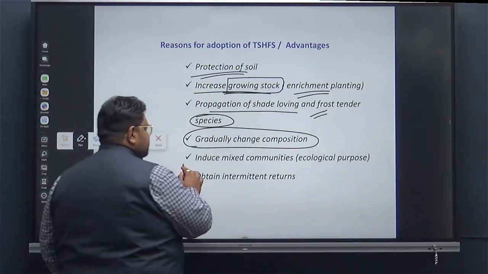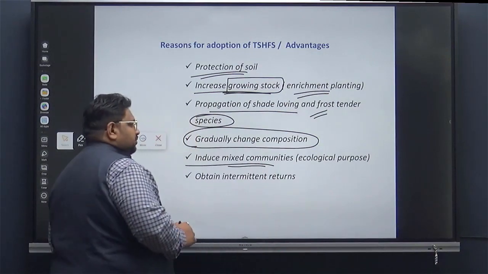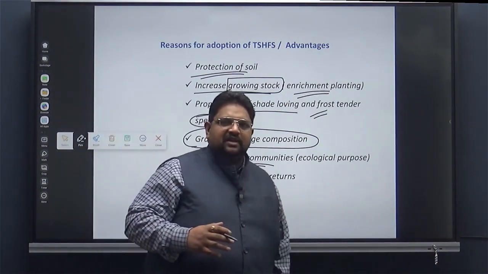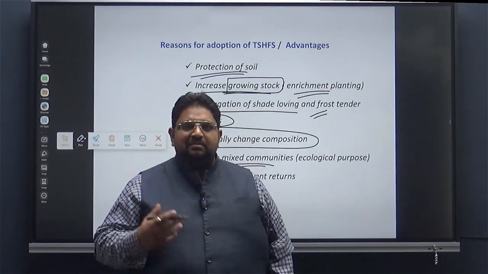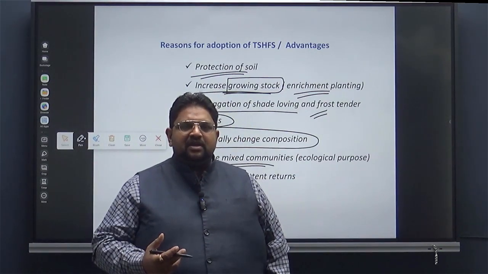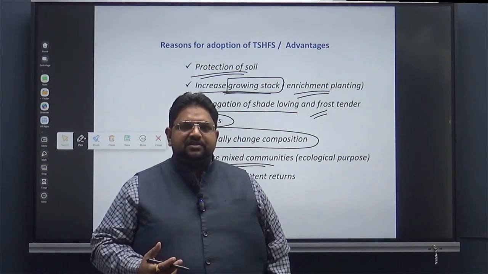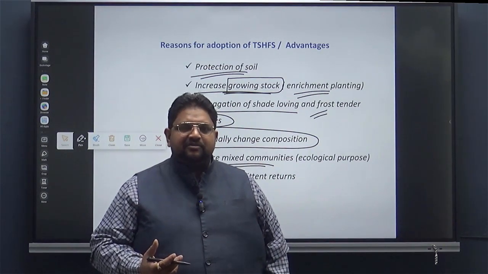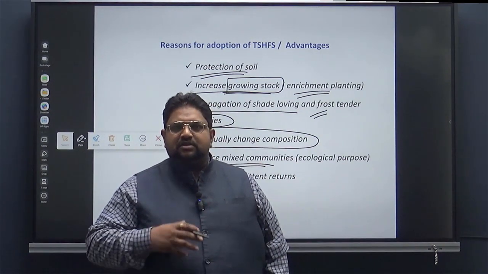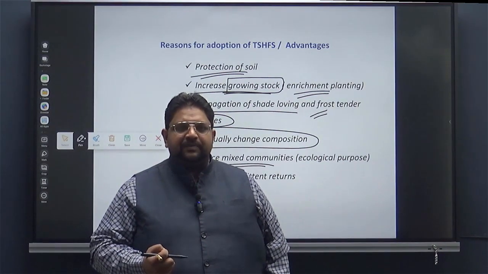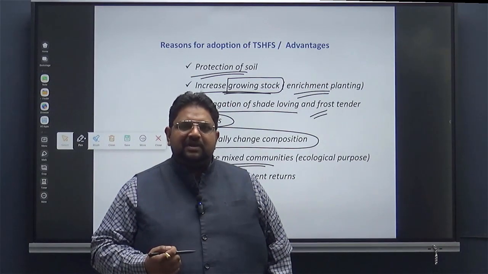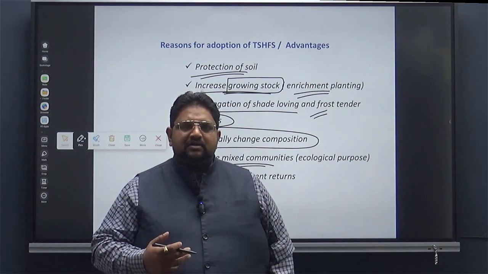Then, to induce mixed communities: usually monocropping is not always recommended in ecology. Ecology believes in having more diversity, biodiversity, in mixed cropping. So it has its own advantages. Usually the pest attack will be lesser. There will be proper utilization of soil, proper utilization of water and minerals, and high income.